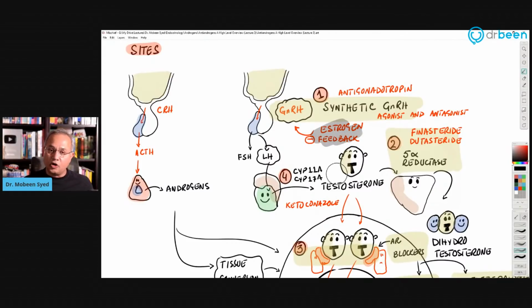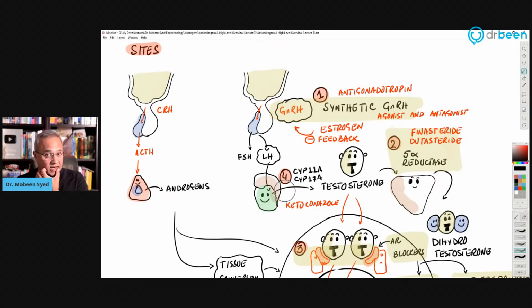Estrogen is also a result of androgen hormone production. So when you give estrogen from outside, it goes and acts on the hypothalamus, and the hypothalamus says, oh, there is a lot of estrogen. That means I must have been asking to produce too many androgens. And it reduces the GnRH production, and that causes the reduction in testosterone production.